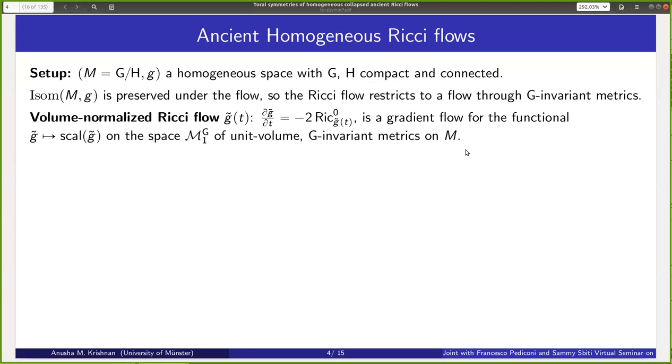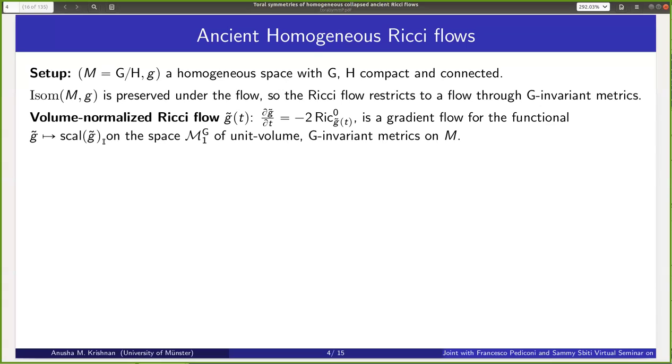Okay, right. This functional is special. The critical points of this functional are unit volume Einstein metrics on the manifold, and so this is a problem that has been deeply studied.